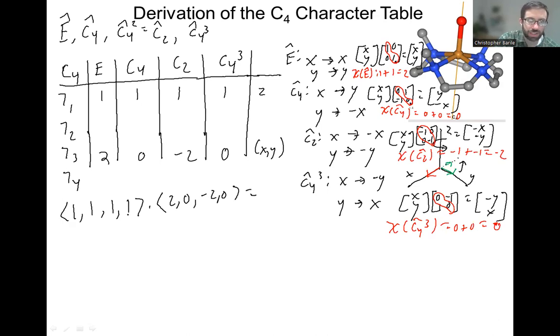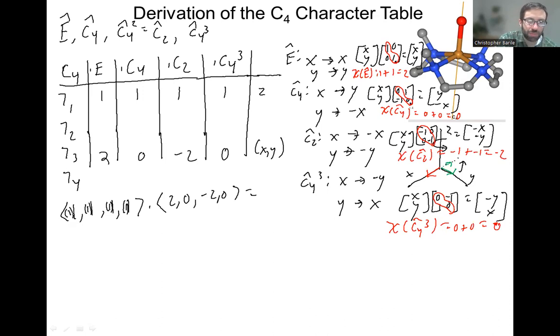But we can check these to make sure that these two are orthogonal. That means the dot product is 0, and it's the dot product normalized by the number of operations in each class. In this case, we have one operation in each class. So all you have to do is take one of these vectors and multiply all of them by the number of operations in each class. In this case, it's 1. So technically, we should write multiplying all these by 1 because we have invisible ones here for different operations.